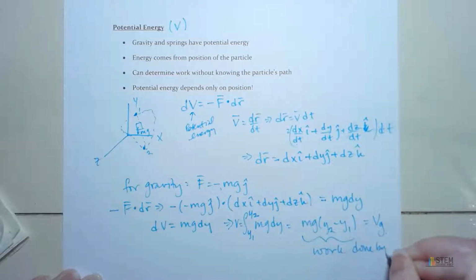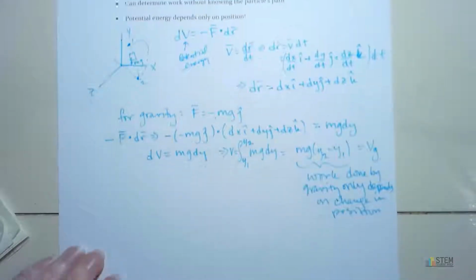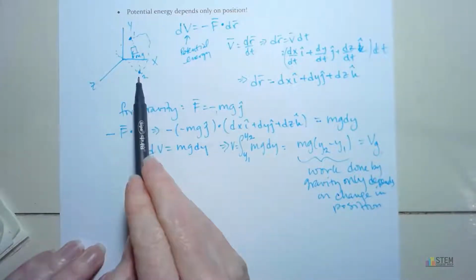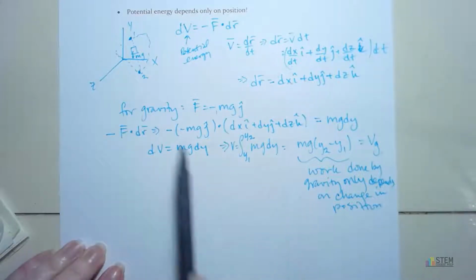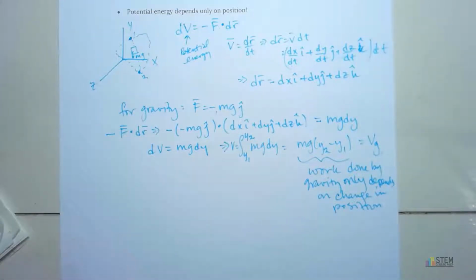The work done by gravity only depends on the change in position. All right, so we don't care how we got between these two points. We could care less how we got between there. We just care about the starting point and then the end point. That's all we need to know to find this term here.